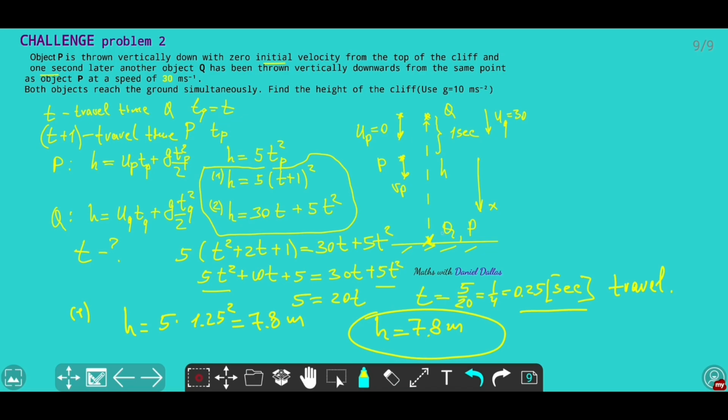Just before touching the ground. For example, for object Q, it's pretty easy to show that the final velocity for Q is going to be initial velocity UQ plus gt. Because we know the time, which is 0.25 seconds, we can easily calculate VQ with no problem. And you can do the same for object P with no doubt.